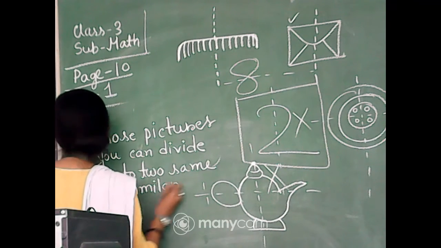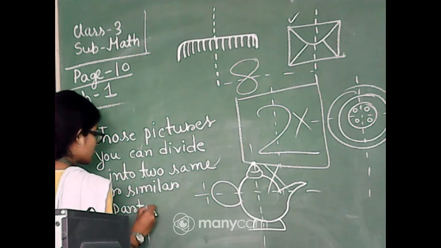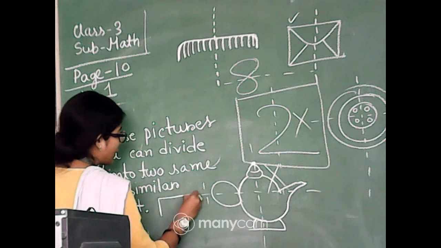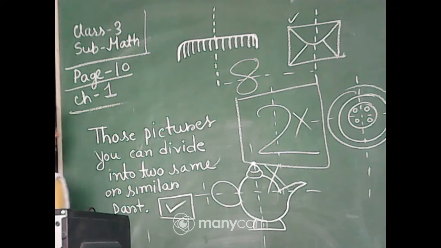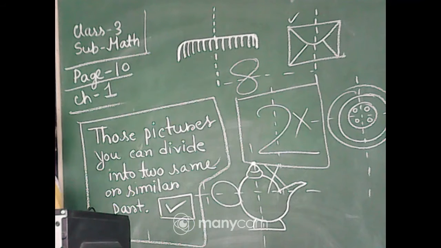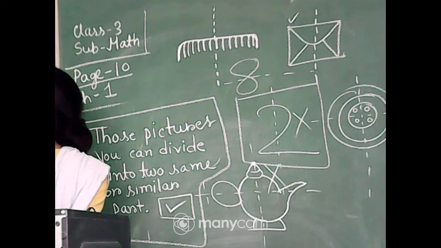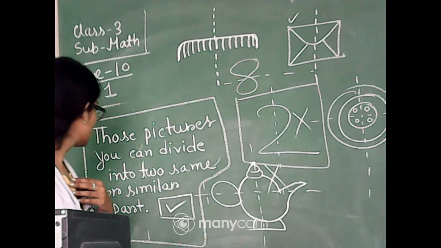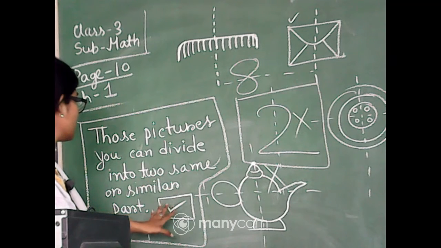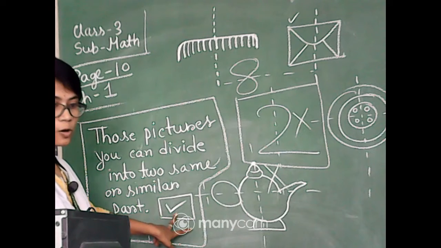I'm not writing halves, it's parts. Similar parts. What symbol do you have to put? You have to put a tick mark. Understand this information: those pictures you can divide into two same or similar parts, just put a tick.